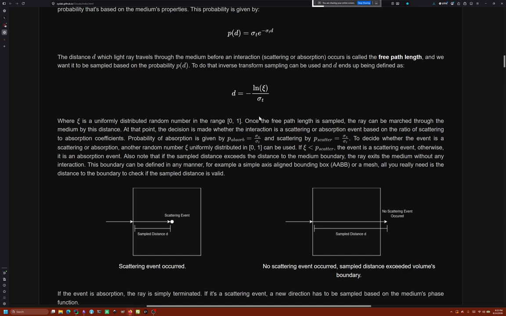To decide whether the event is scattering or absorption, we get another random number. If this other random number is less than the probability of scattering, this event is a scattering event. Otherwise, it's an absorption event.